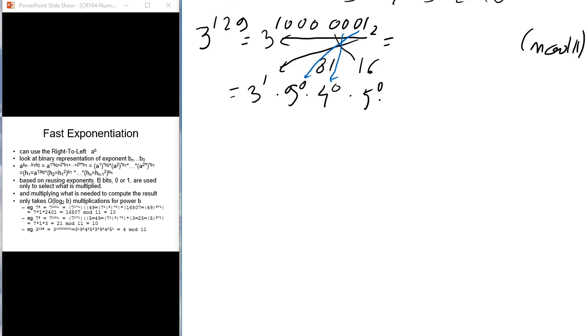Then 5 squared is 25, which mod 11, it's 3, still at power 0. Then 3 square, it's 9, still at power 0. Then 9 squared is again 81, which again it's 77 plus 4.